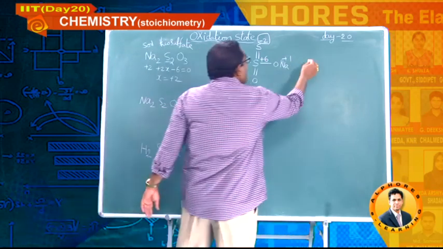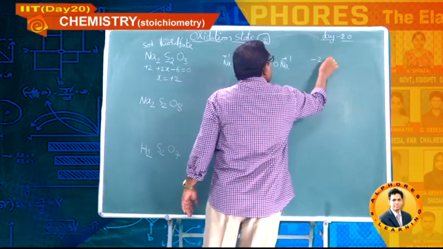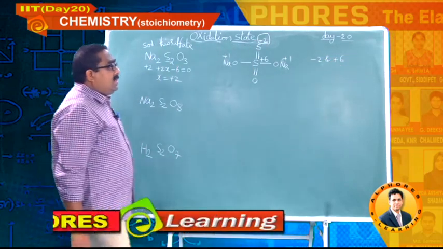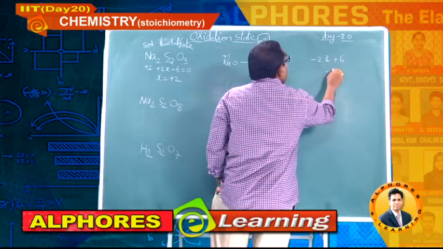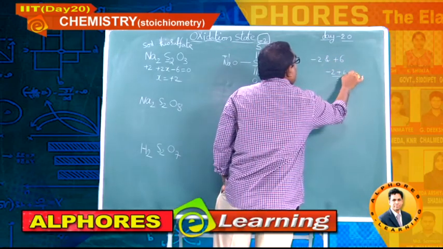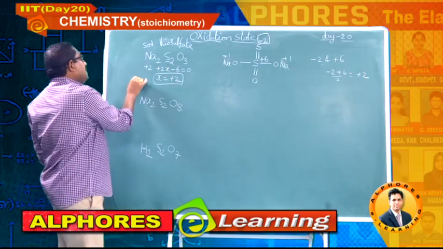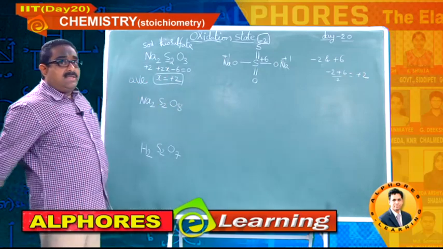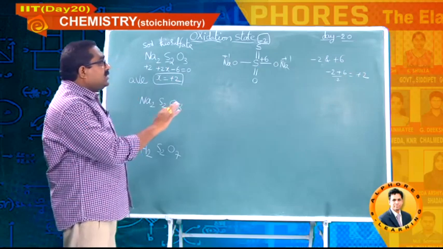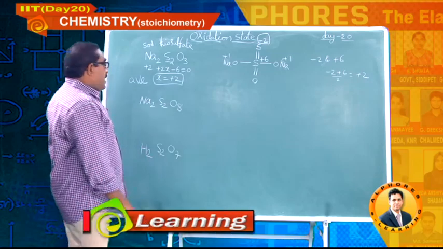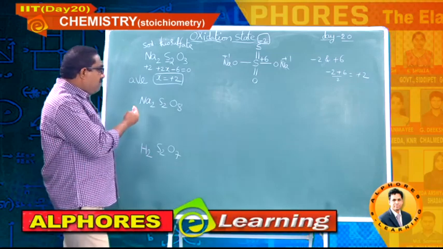So the individual oxidation states are -2 and +6. If you do the average, how much will you get? +6 minus 2, divided by 2, that is +2. That is exactly what we got as the average oxidation state by using the normal rules for the calculation of oxidation states. Okay, now let me go for the second one.